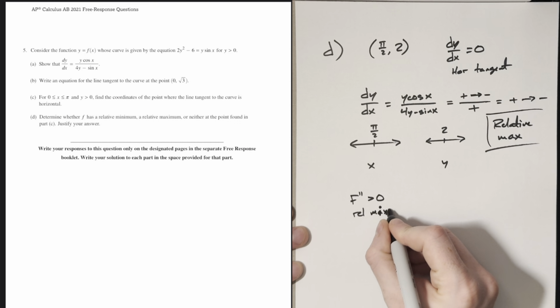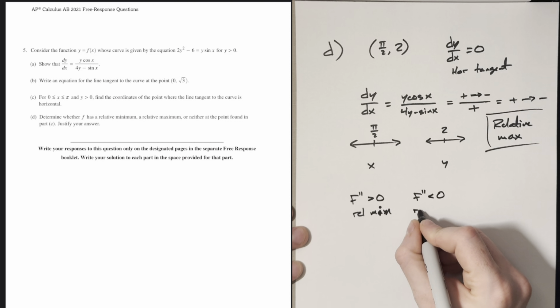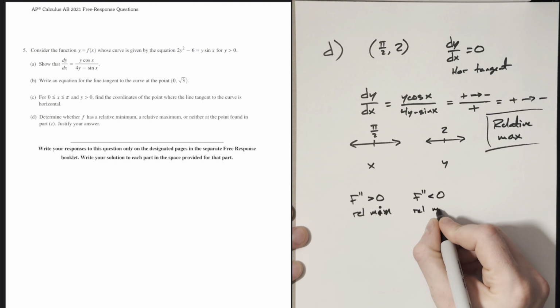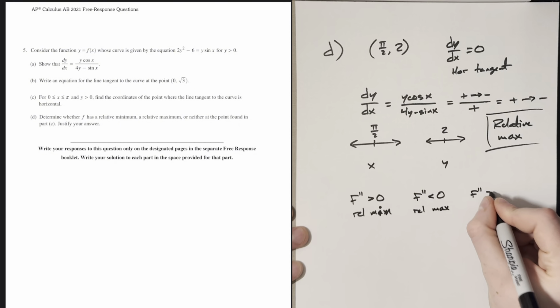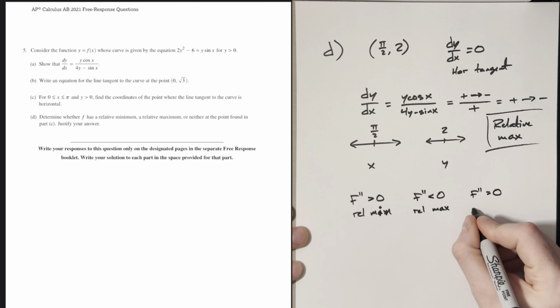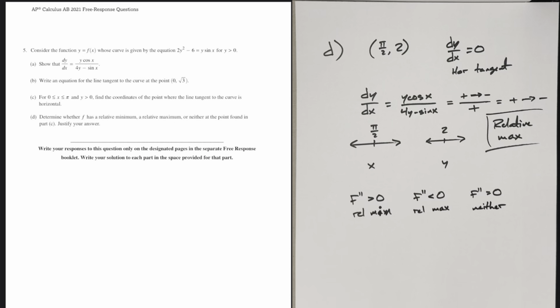Sorry, not maximum. And if f double prime is less than 0, we have a relative maximum. And if our second derivative equals 0, then we have neither. That's our second derivative test, where the first derivative is 0 or undefined.